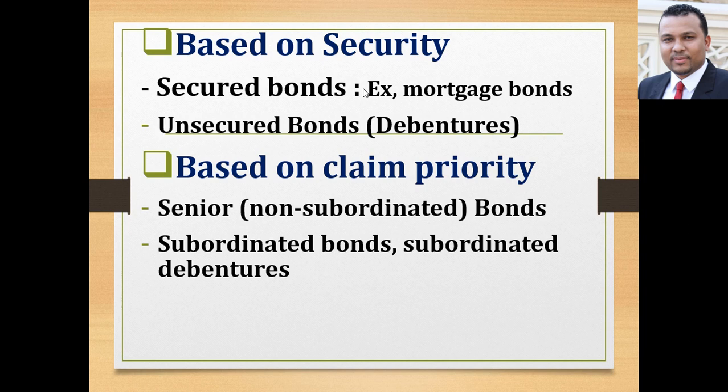Some bonds are considered secured because their indenture includes a sinking fund provision. What do I mean by sinking fund provision? It is an account managed by a bank for the purpose of repaying bonds. The issuing company makes annual payments to the trustee, who then uses the funds to ensure the payment.